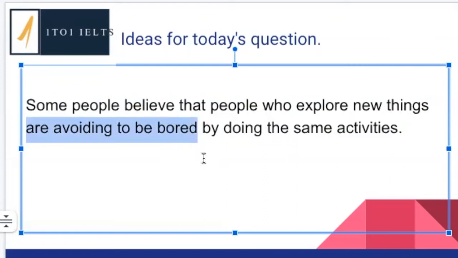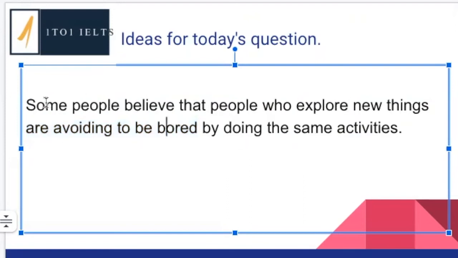How can we write this? We don't avoid being bored. Trying to avoid being bored. Okay. Vanessa, yeah, this could maybe work.